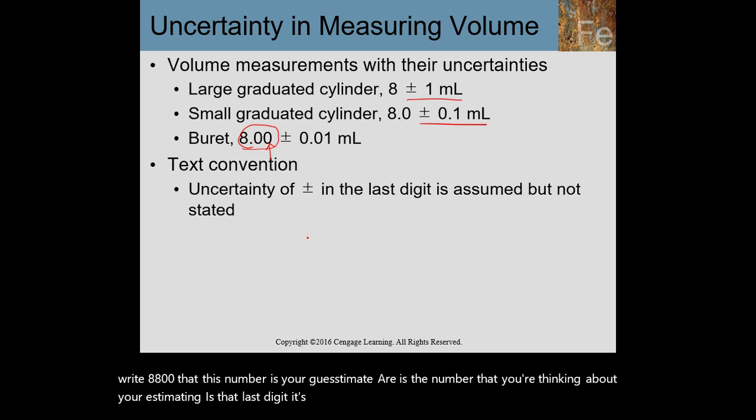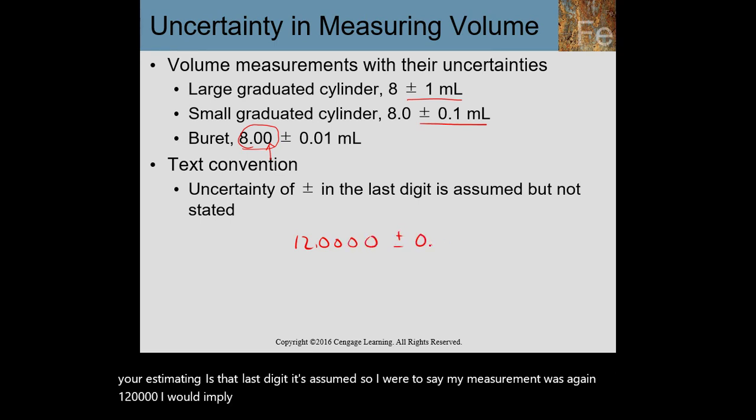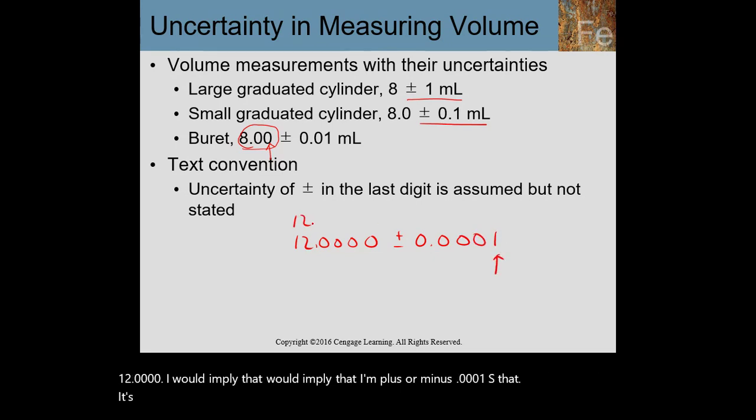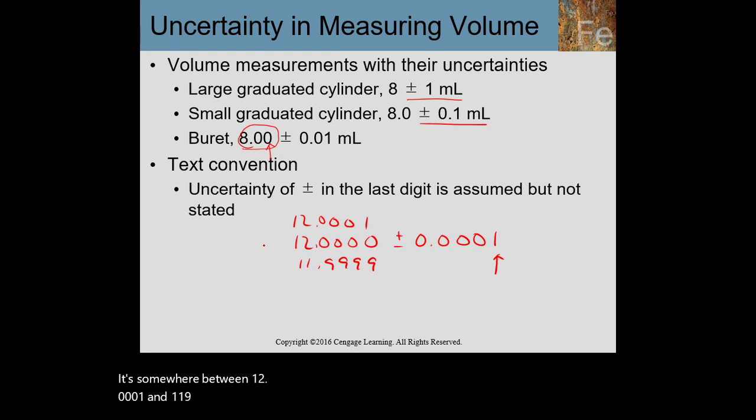So if I were to say my measurement was, again, 12.0000, that would imply that I'm plus or minus 0.0001. So that it's somewhere between 12.0001 and 11.9999. I know that the number I measured was somewhere in between those two values. Pretty precise.